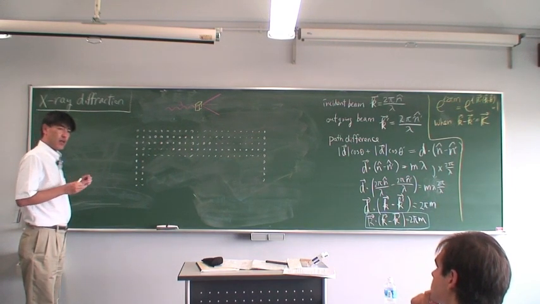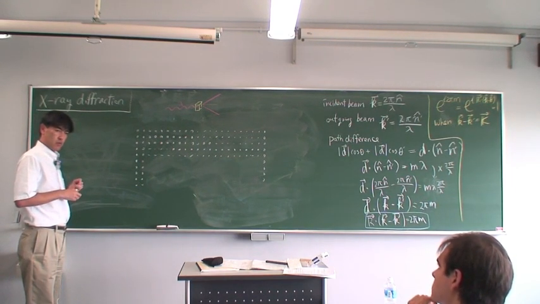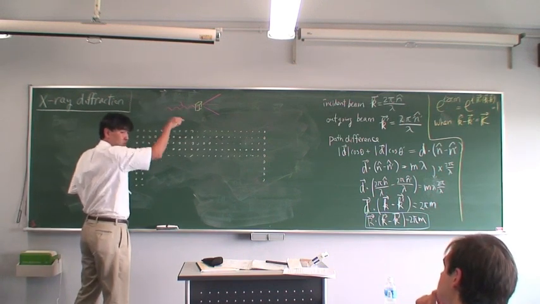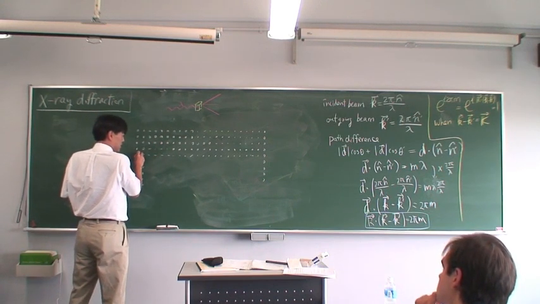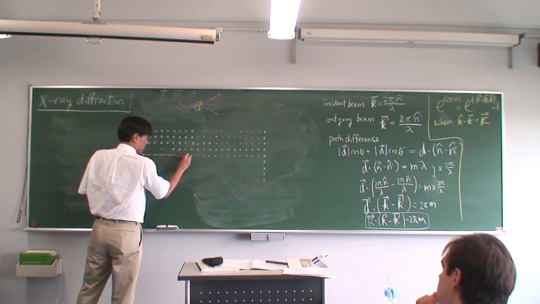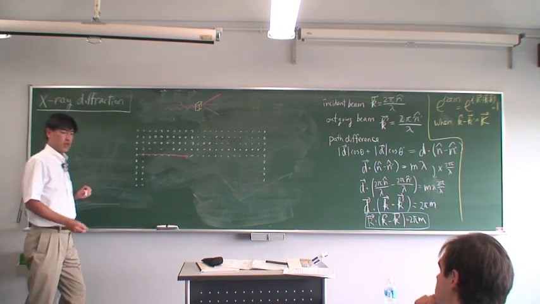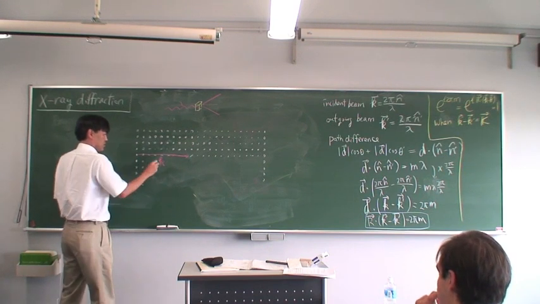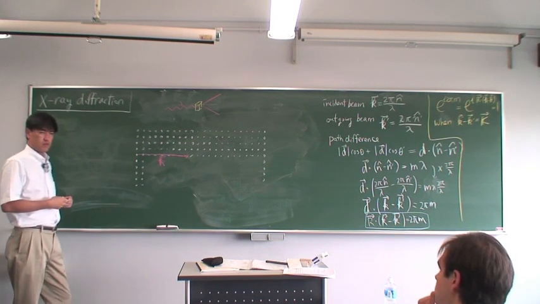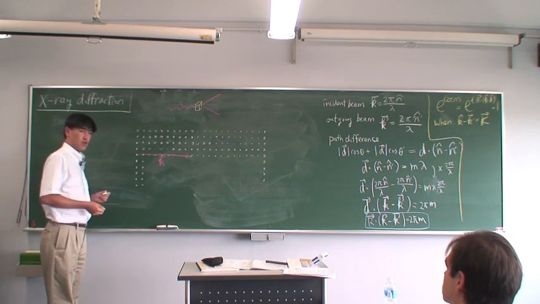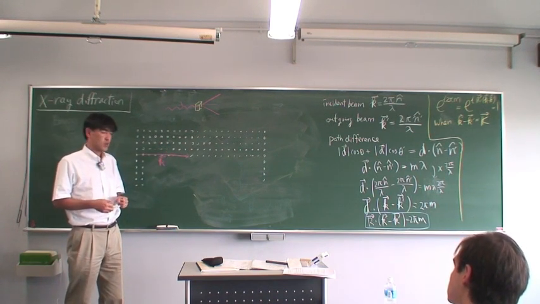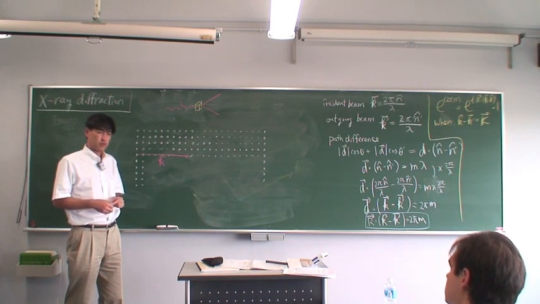Now I can define the direction of the incident beam, and that's already given. So the direction has to be something like this, and this is the incident beam K. We want to know in which direction the beam becomes strong.